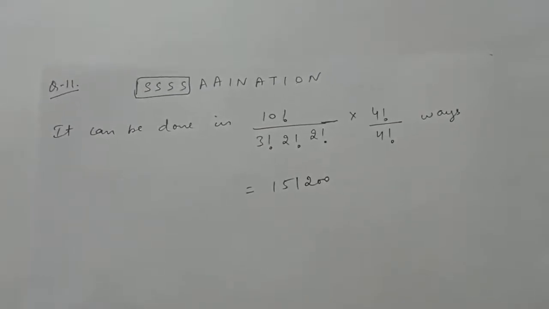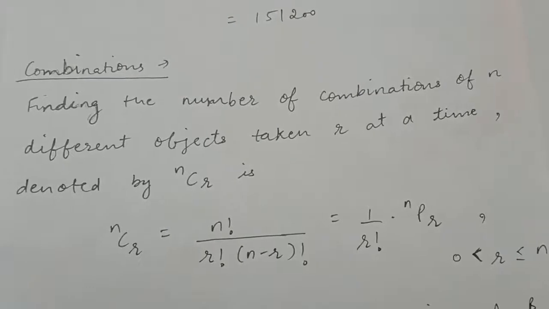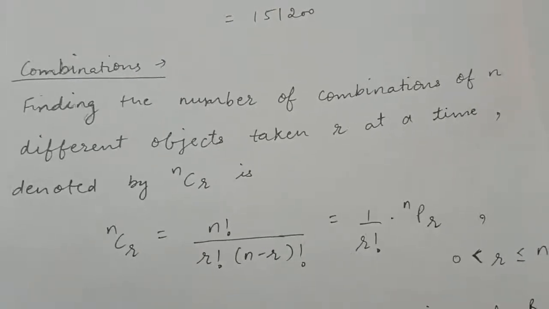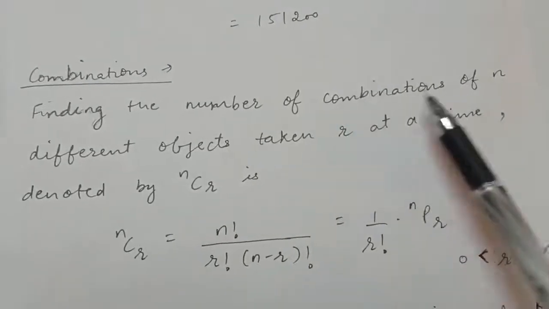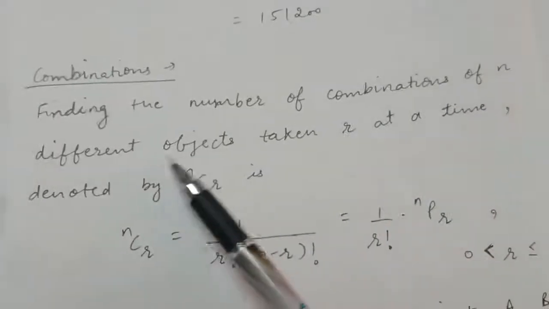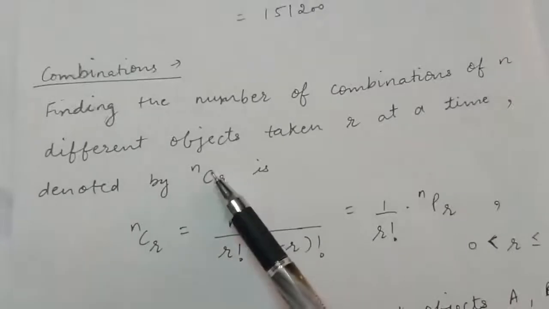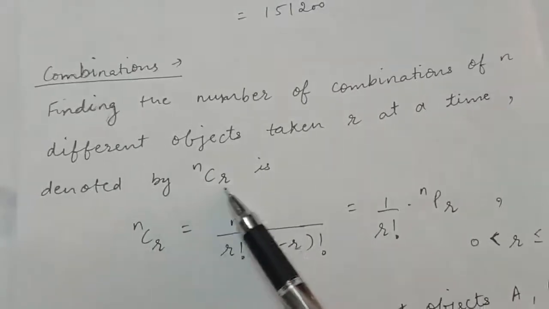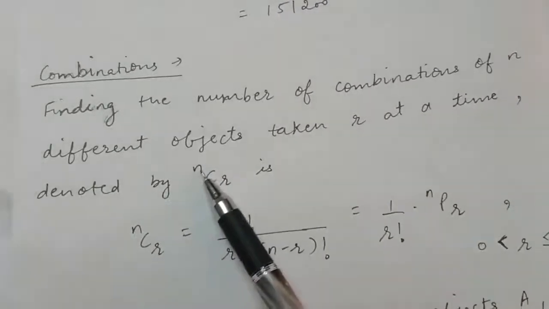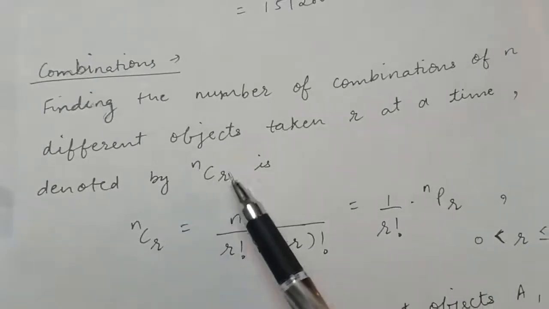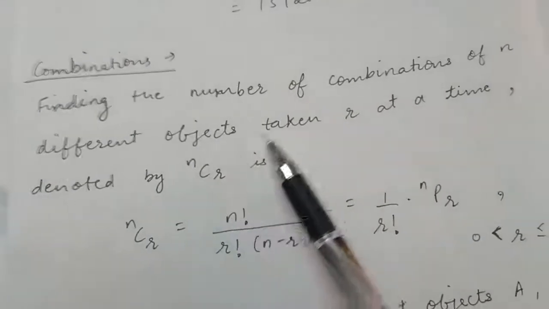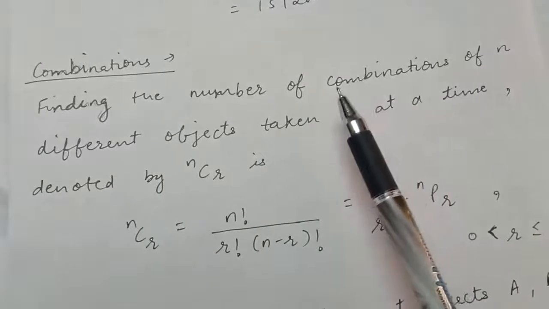Clear? Now we will discuss the topic combinations. So see, finding the number of combinations of n different objects taken R at a time, which is denoted by nCR. This basically says that we are given n objects and we are selecting R objects. Combinations means selection, right?